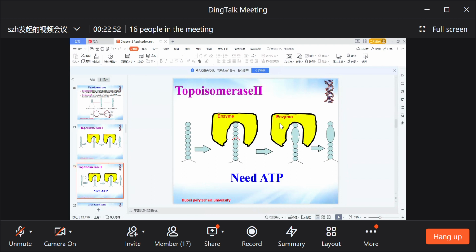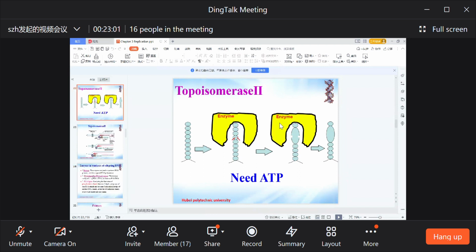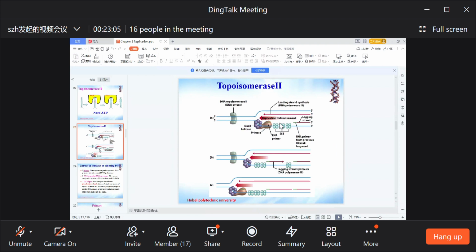Topoisomerase 2 needs ATP, and at the same time relaxes the double helix structure. You can see here.